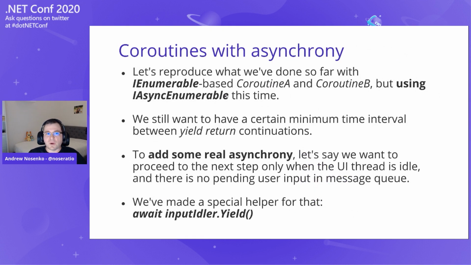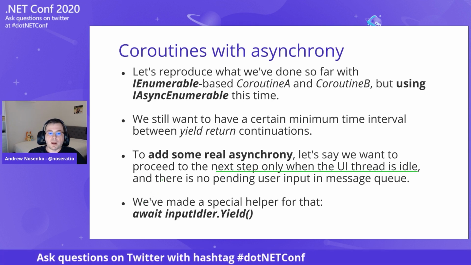Let's reproduce what we've done so far with IEnumerable based coroutines, but using IAsyncEnumerable this time. So we still want to have a certain minimum time interval between yield return continuations, but to add some real asynchrony, we want to proceed to the next step when the UI thread is idle. Just something useful. We have a background workflow, we don't want to spam the UI thread with work.